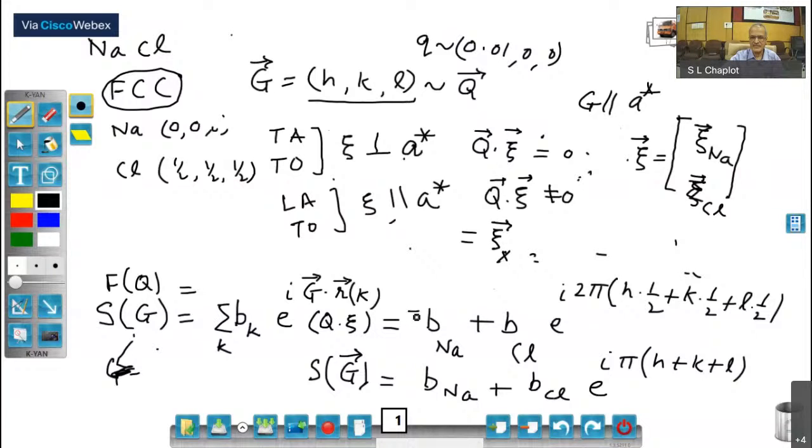Here I would multiply with xi of sodium, and here I would multiply with xi of chlorine, the corresponding x components. So this is an additional term. Apart from this phase term, I now also have another term here, depending on whether they are equal or unequal. Remember, there's another term here: I have to also worry about dividing by the square root of mass, of sodium and of chlorine.